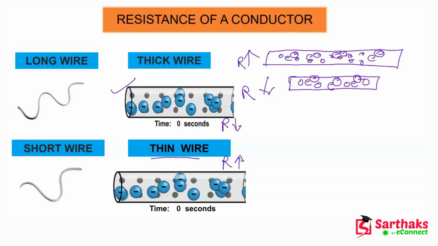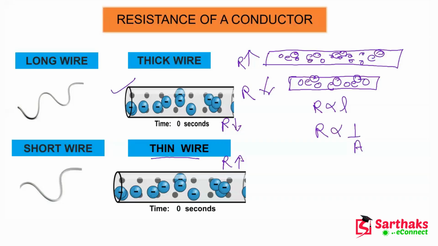So by this, we can figure out a formula. Resistance is directly proportional to the length. As you can see, the long wire has higher resistance and the short wire has lower resistance. The other relation we can figure out is that it is inversely proportional to the area.